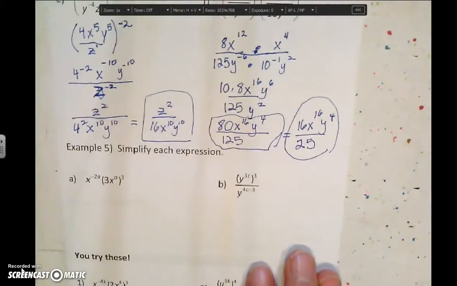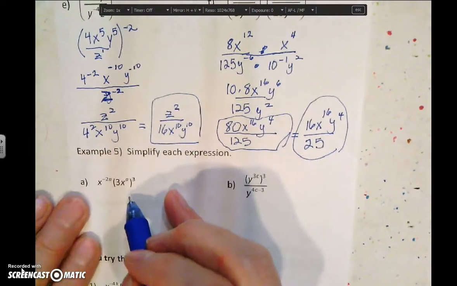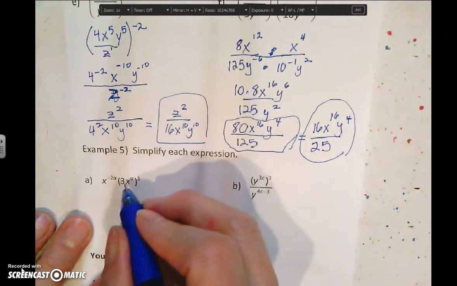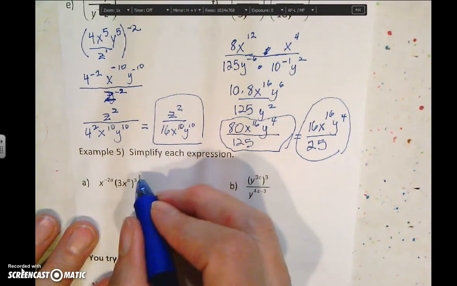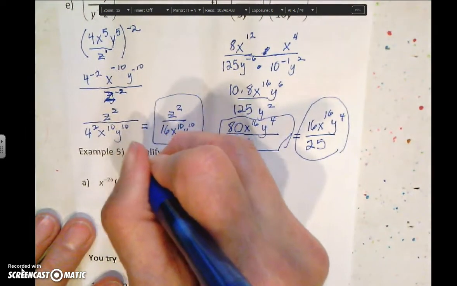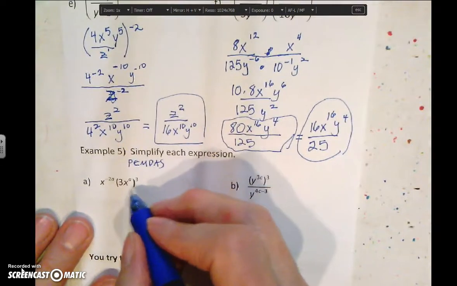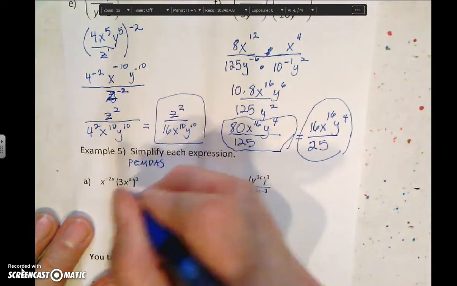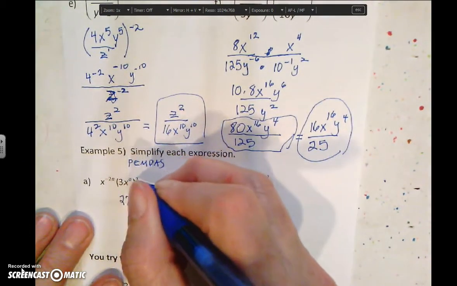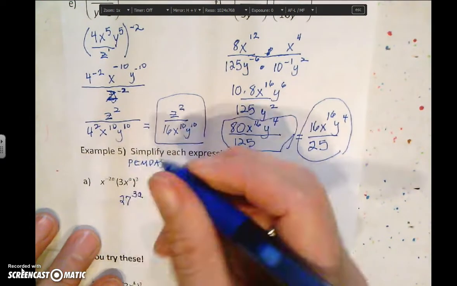Our last examples here, we have got some variable exponents. So again, when I have a power to a power, just like in PEMDAS, we're going to do our powers first, not multiplication, but powers first because of PEMDAS. So we're going to get 3 to the 3rd power is 27, and x to the a, a power to a power, I'm going to multiply these exponents and get 3 times a.